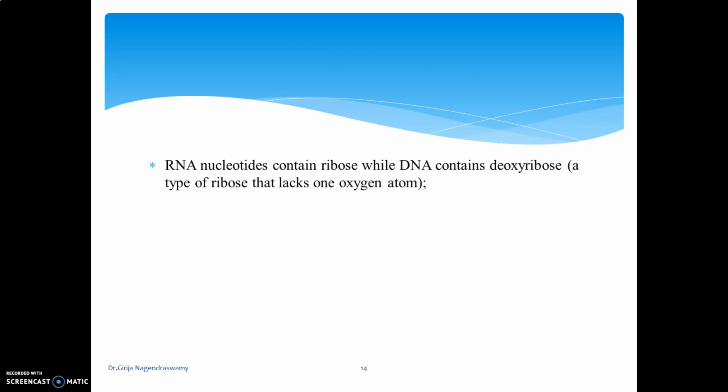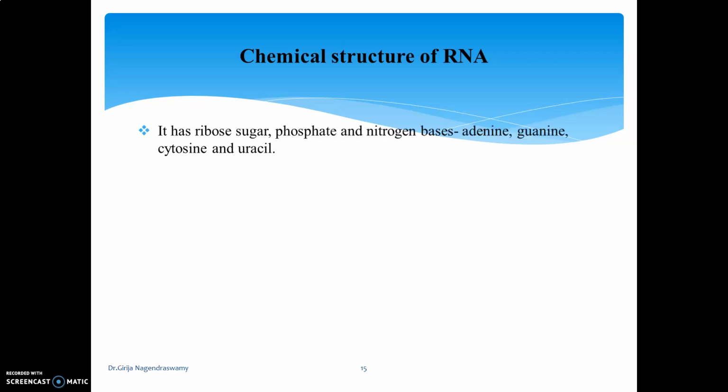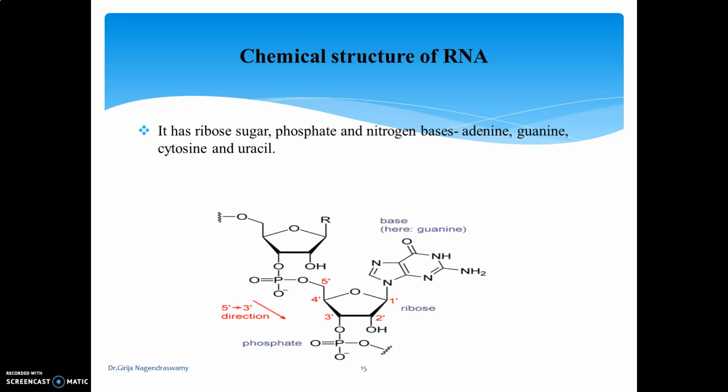RNA nucleotides contain ribose while DNA contains deoxyribose. And RNA has the base uracil rather than thymine that is present in DNA. Chemical structure of RNA: it has ribose sugar, phosphate group and nitrogen bases adenine, guanine, cytosine, uracil. This is the structure.